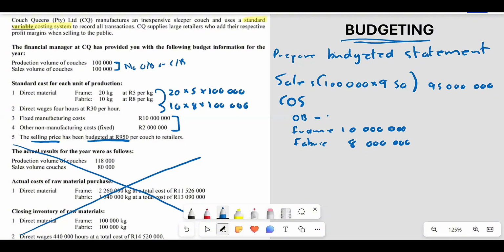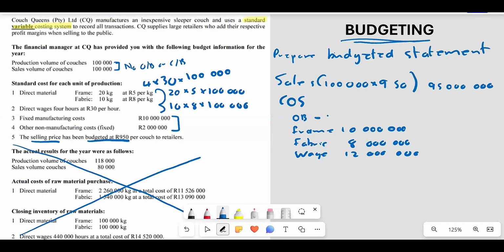So you do the same thing: 4 times 30 rand per hour times 100,000. This gives us 12 million. Therefore wages are 12 million.